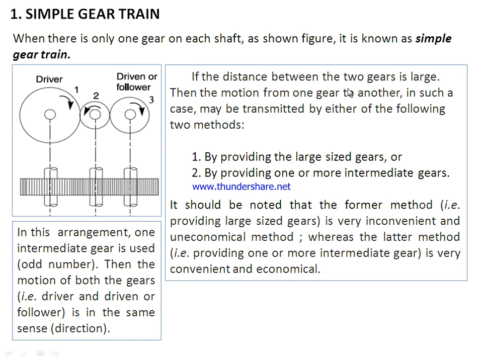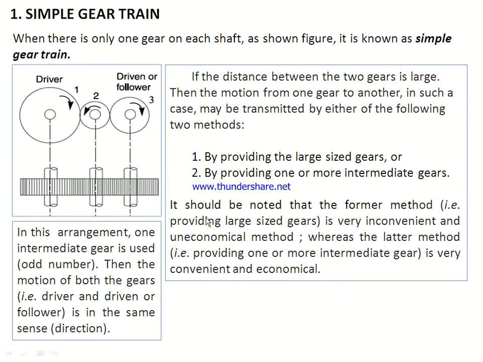So if the distance between the two gears is large, then the motion from one gear to another in such a case may be transmitted either by providing large sized gears or by providing one or more intermediate gears like this.